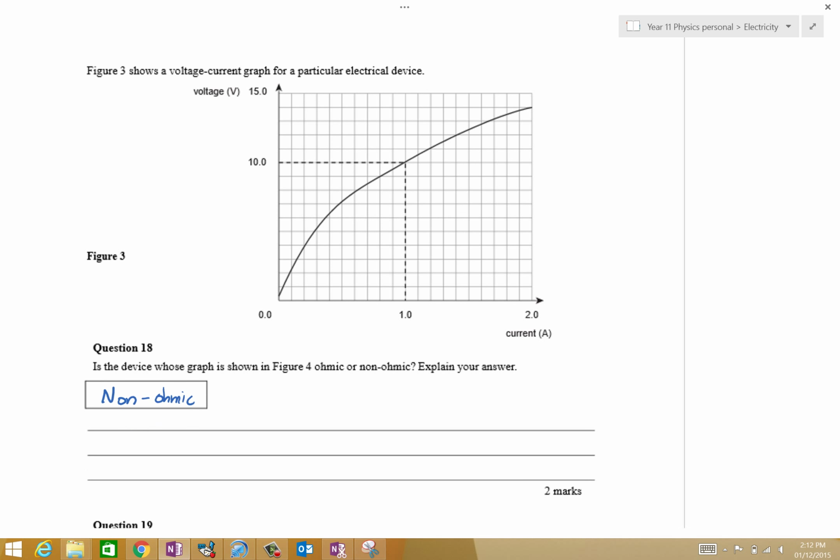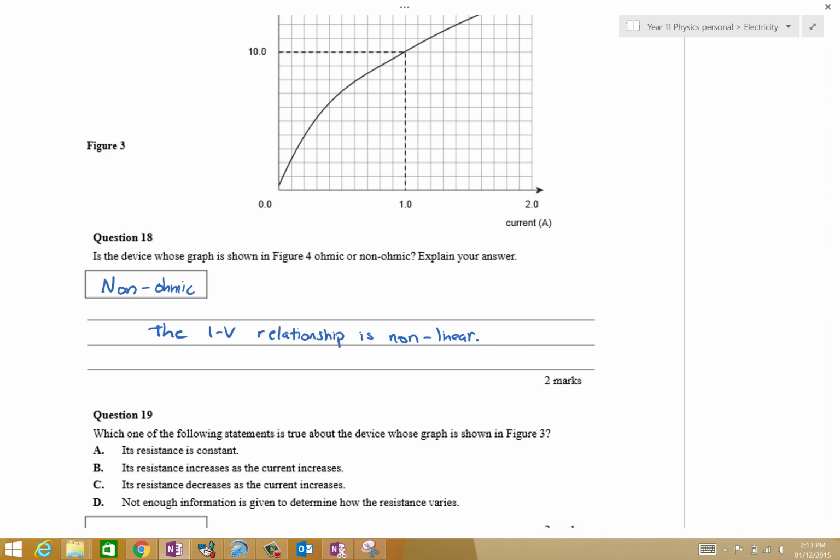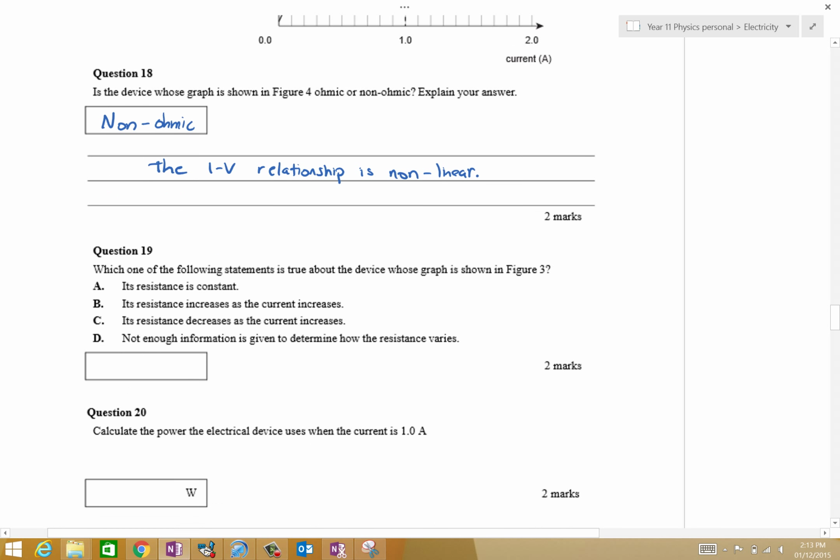Because the IV relationship is non-linear. That would be enough. We'll skip that question.